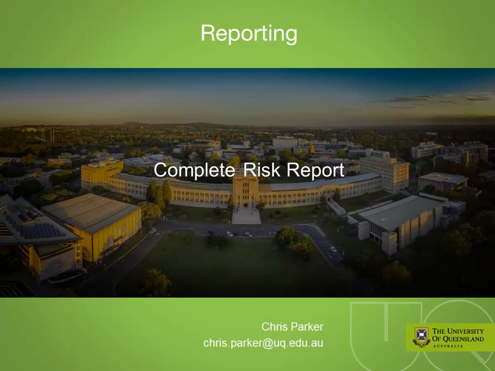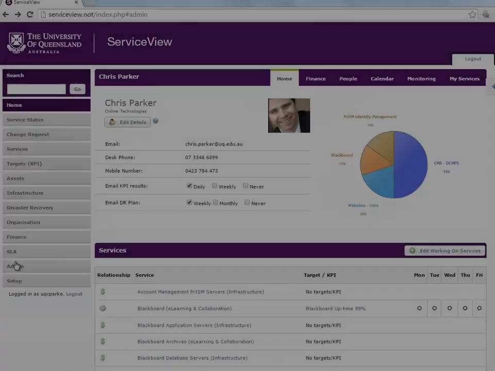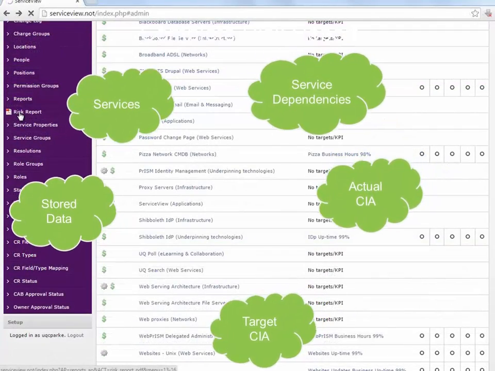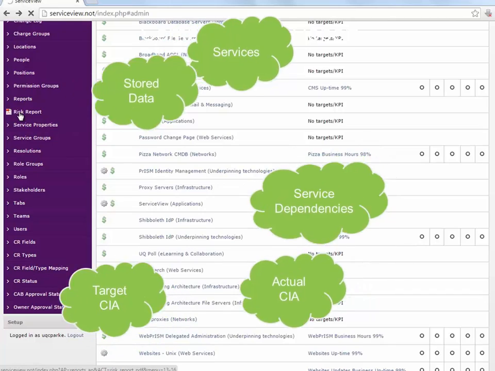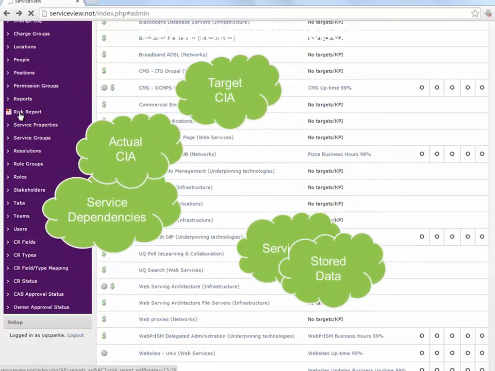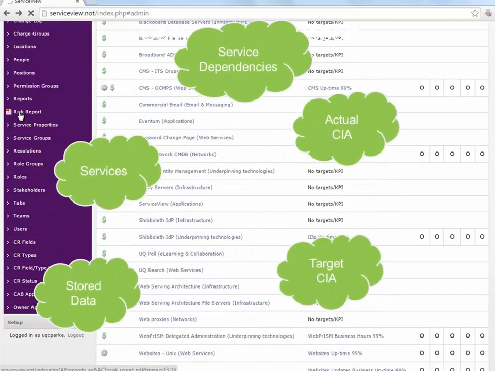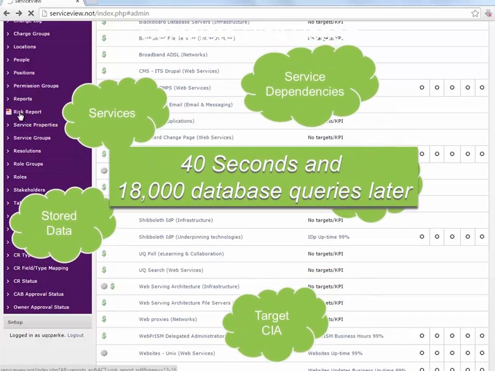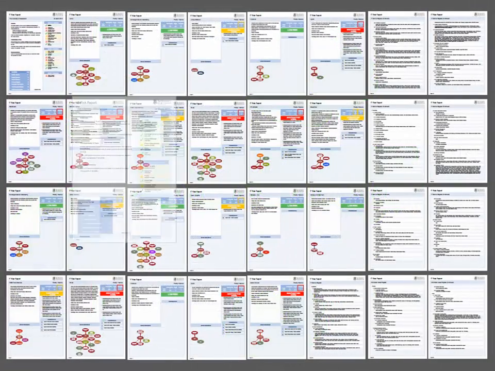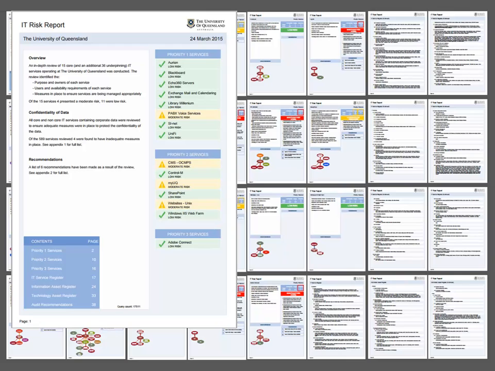A complete risk report can also be generated. By combining all the services, the service dependencies, the target CIAs, the actual CIAs, the data stored, and the priority of each service, ServiceView can generate a complete risk report.